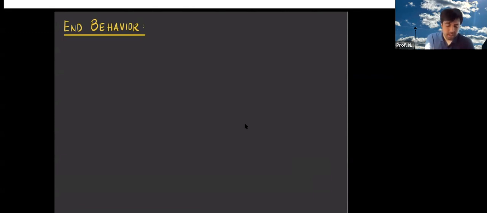What does that even entail? And what about the ends? So simply, if we were to graph a polynomial function, we want to determine what happens to the graph when we look at the extremes or the ends, whether it be the positive infinity side of x values or the negative infinity side of the x values.